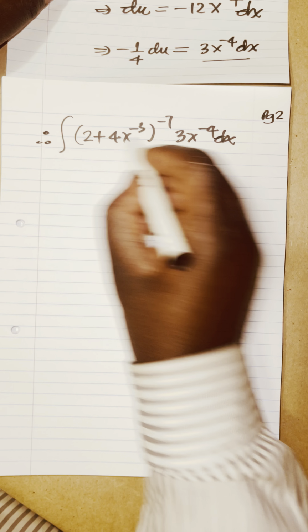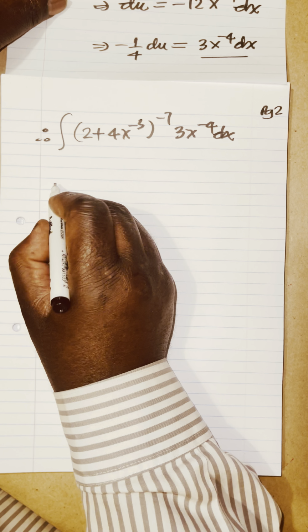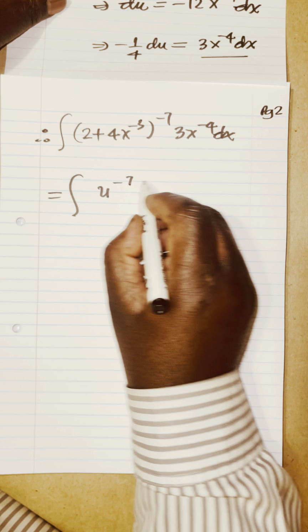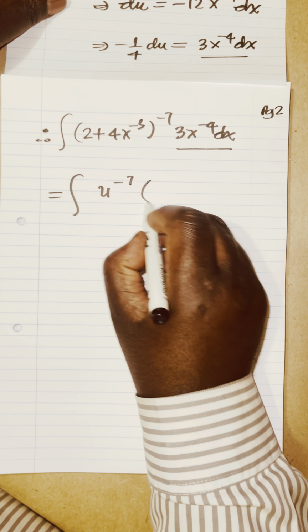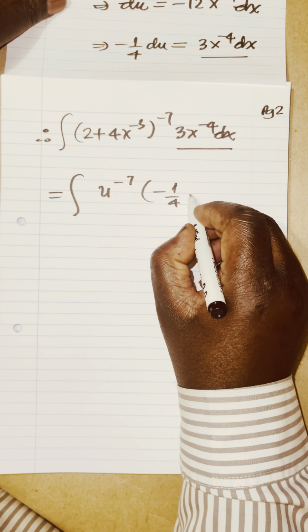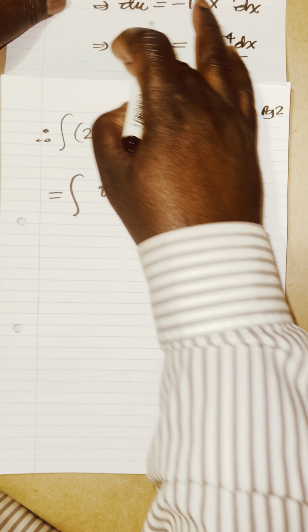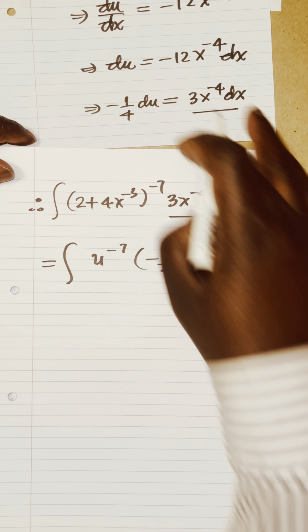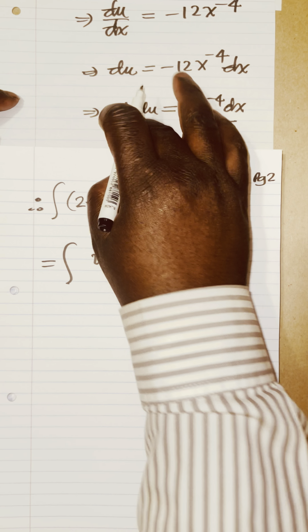Therefore this one here is transformed as follows. This is equal to the integral of u^-7. In place of this, I'm going to have -1/4 du, as you can see here, that this must be replaced by that.